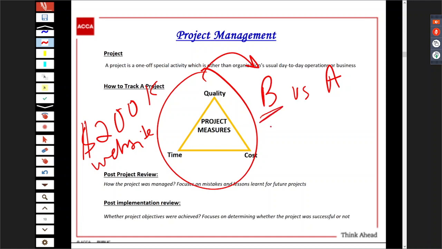So the cost budget is 200, actual is 190, or actual is 210, whatever. Can you judge whether this project was successful? Let's say it was 190, budget was 200. Can you judge whether this project was successful or a failure?